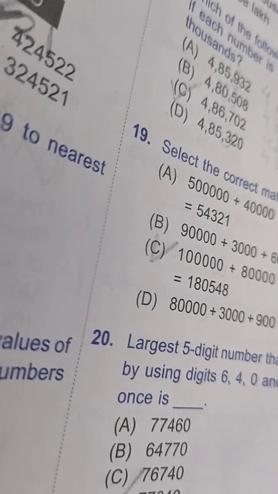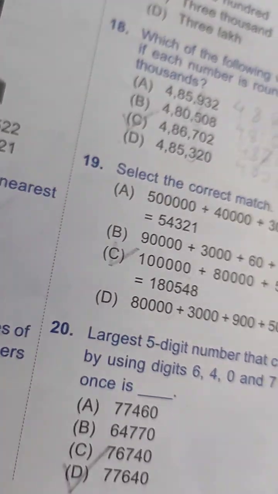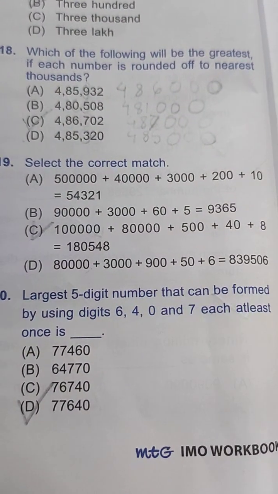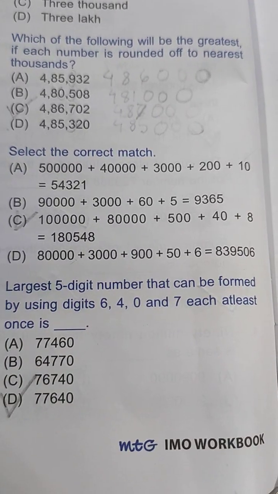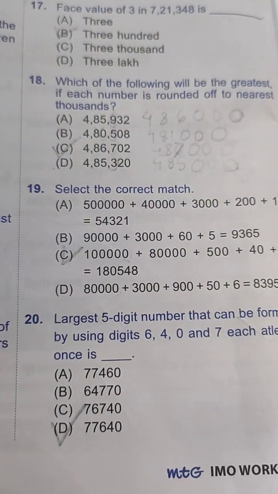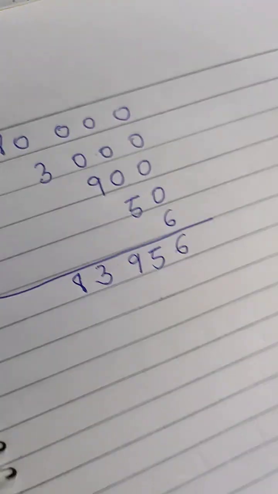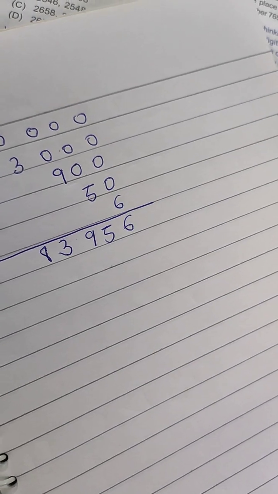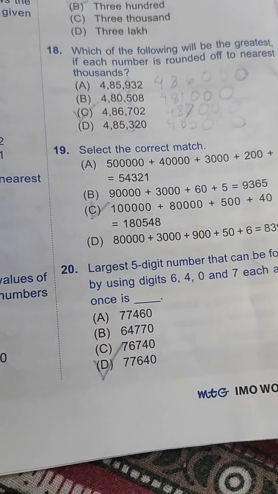After adding, it is 83,956, which is different from the option given. So our correct answer is option number C.